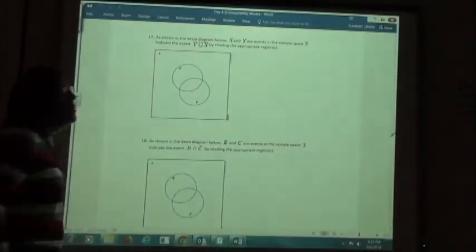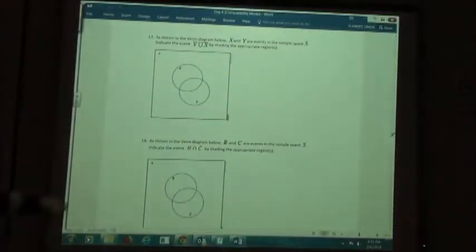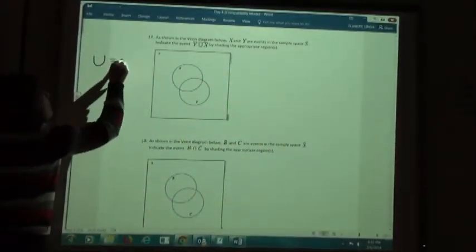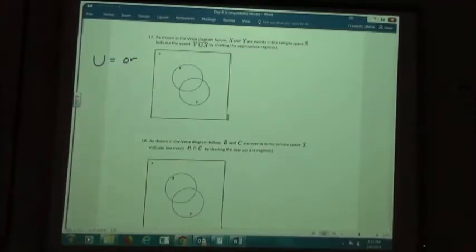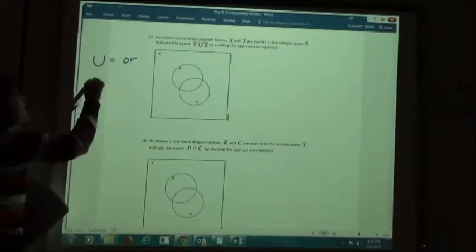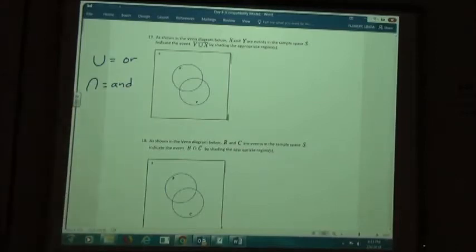Now we're going to add in the union and the intersection symbol. The union symbol, if you remember from algebra, meant or. If it's or, it can be in this set or this set, so I can put it in both of them. If it's the intersection, it's the word and. And means it has to overlap in the middle.